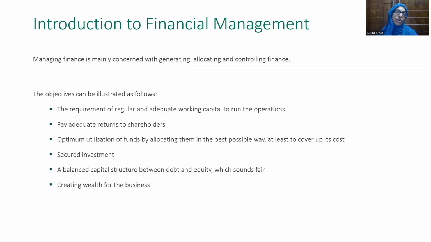Moving on, we were talking about managing finance, where mainly we were talking about gathering, allocating, and controlling finance. This is basically related to resources. We were talking about managing, allocating, and controlling resources during the past 2 weeks as well.